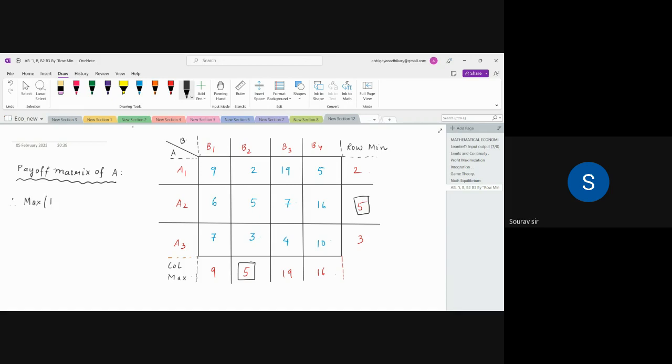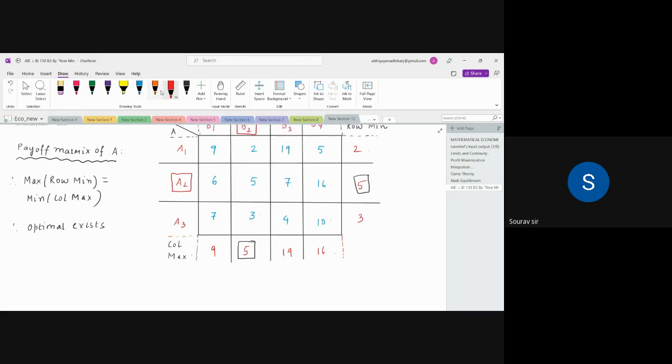So the answer is that the maximum of row minimum is equal to the minimum of column maximum. Therefore, an optimal exists, as you found out by the min-max strategy. और optimal क्या है? Player 1 will go for choosing the strategy A2, and player B will go for choosing his strategy B2.